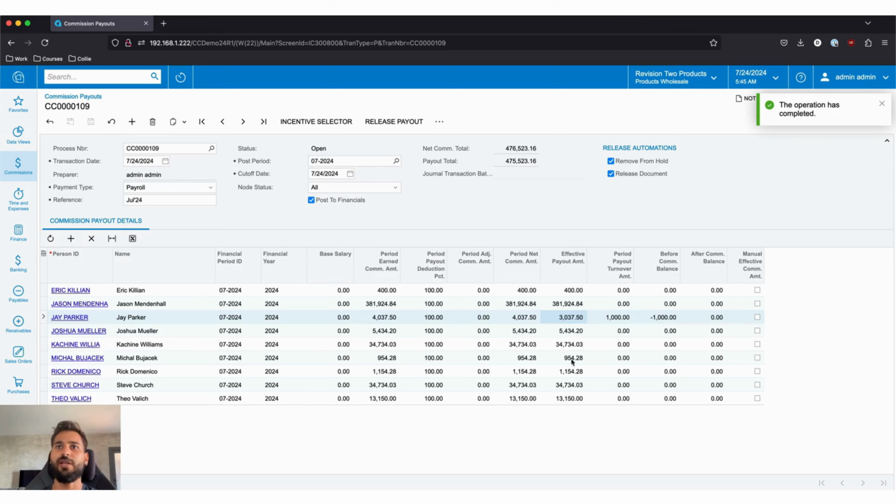So now let's see what happens. I'm going to release this payout, okay? And in the meantime, let's see how the total of the net commission amount is different from the payout, okay? So this is a sign that some balances from draws are being processed.